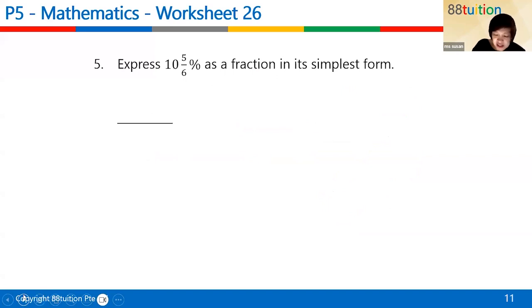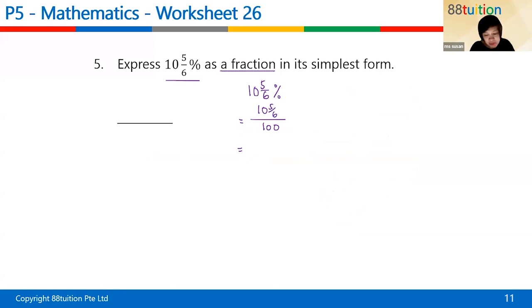Okay. Express this percent as a fraction in its simplest form. So what you can do here is change this to divide by 100. So that means this is 10 5 out of 6 over 100. Now, if this is without a calculator paper, you have to change this into an improper fraction.